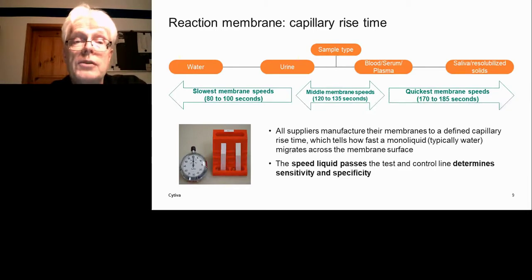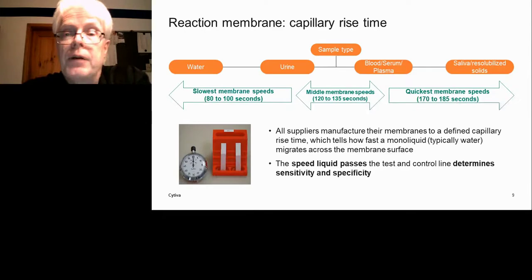Typically, membranes are characterized by a specification that has a specification mean, for example, 80 to 100 seconds for a very fast membrane. And it has specification limits, which we'll discuss in a minute. Very fast membranes are used for things like saliva, resolubilized solids.